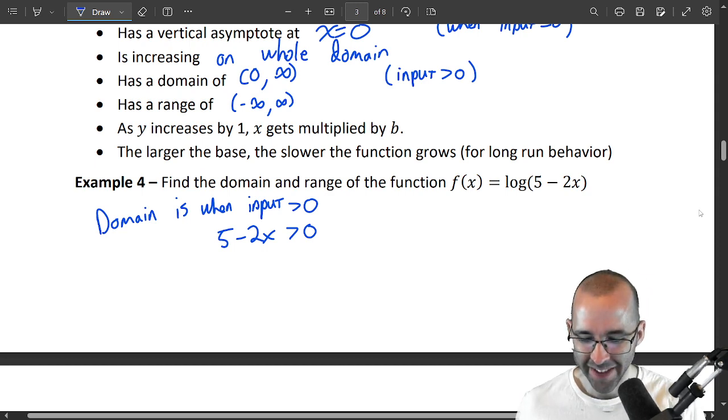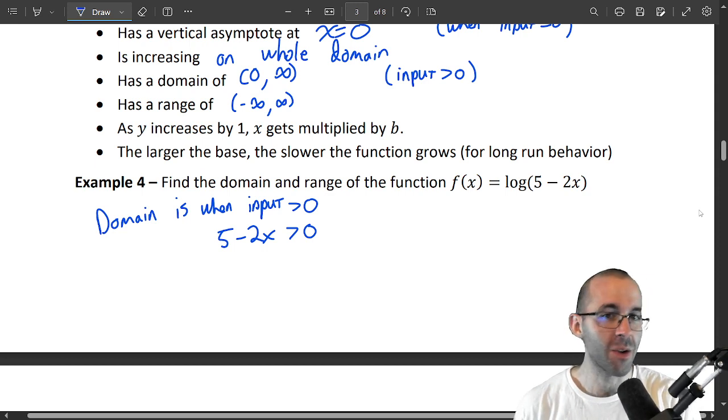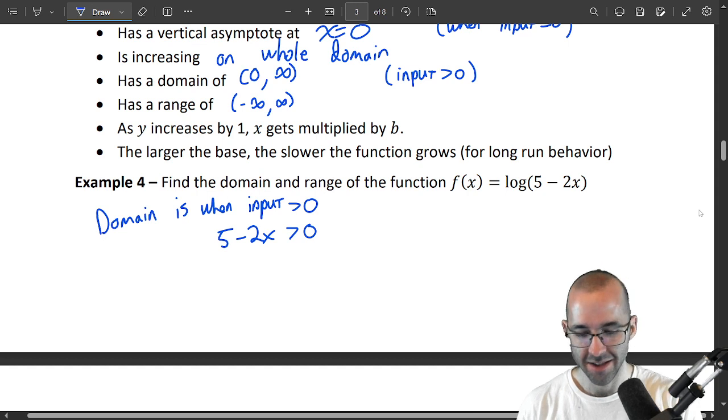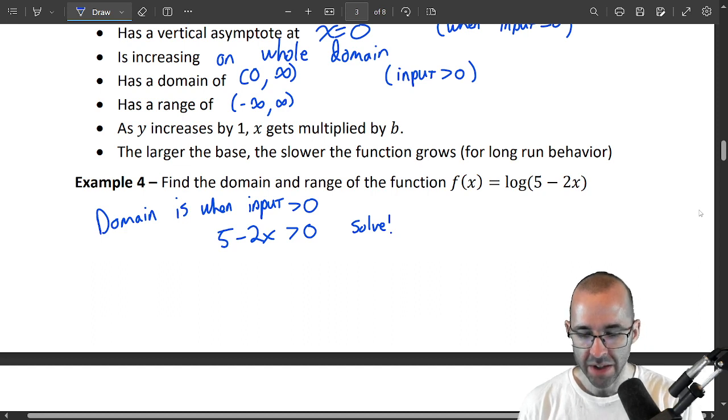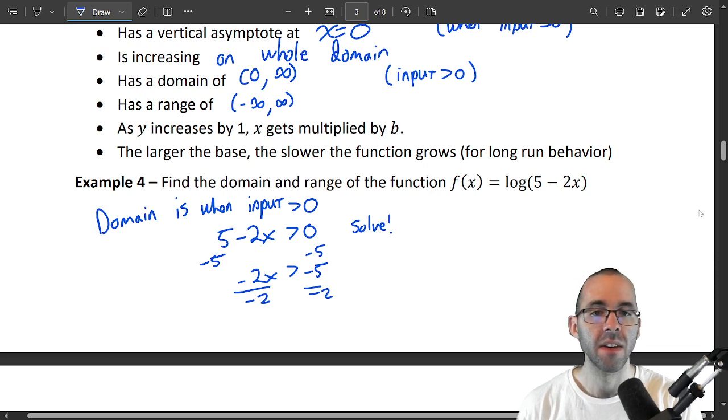I don't know. So we need to solve this inequality. Hey, we already did that in this quarter. So we can solve it by subtracting 5 from both sides. Negative 2x has to be bigger than negative 5. And divide both sides by negative 2.